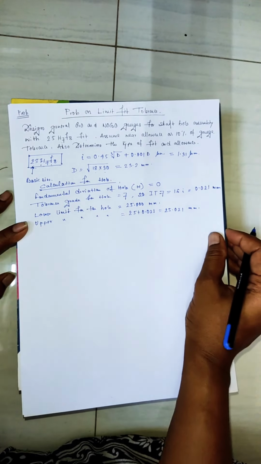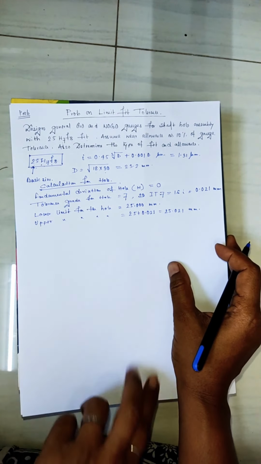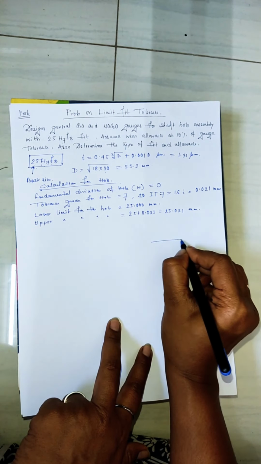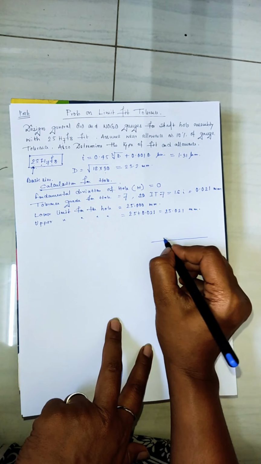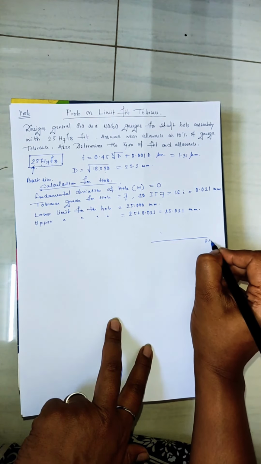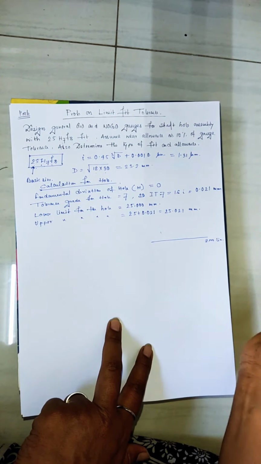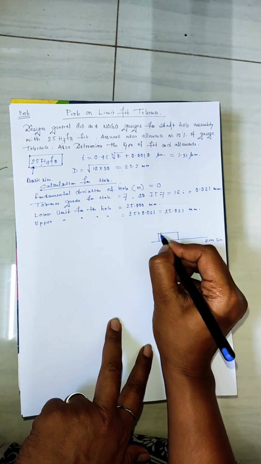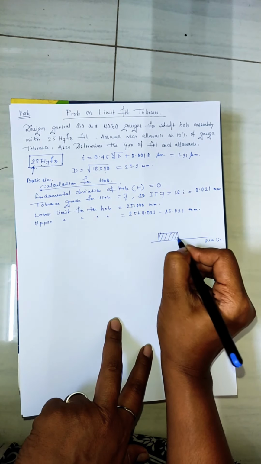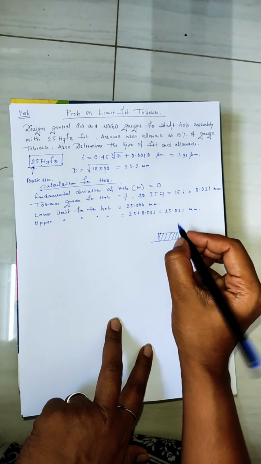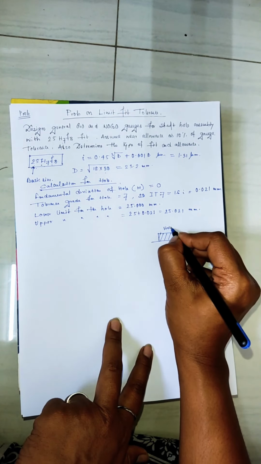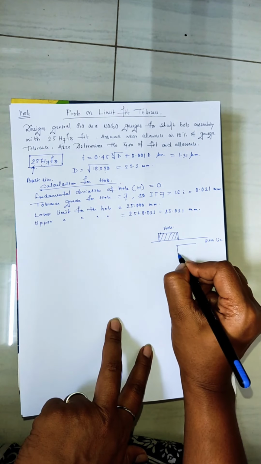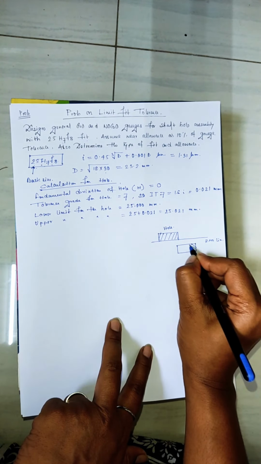So if I draw the figure, then we all will know the fact of this drawing. So first of all, this is our zero line. Capital H type hole means this is our tolerance for the hole, and this is the tolerance for the shaft.